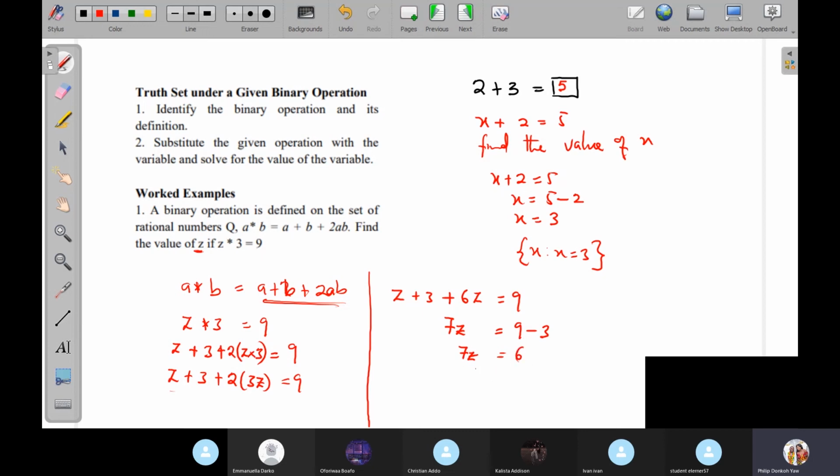Then you divide both sides by 7. And then Z gives us an answer of 6 on 7. Therefore, the value of Z that we are looking for is 6 on 7.